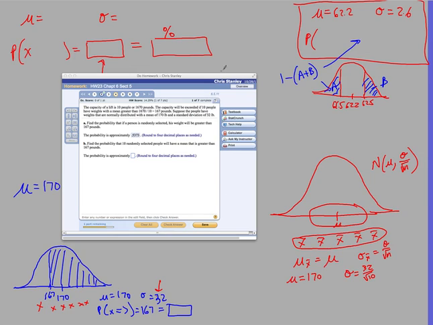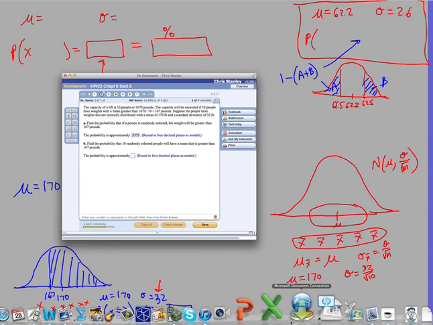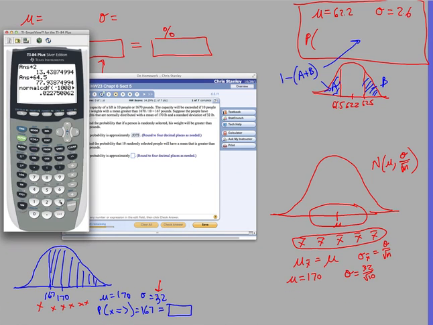So what you have to do is go to your calculator and find this. I'll do it on my calculator. So you have to do 32 divided by root 10, and then I'm going to write this number down.